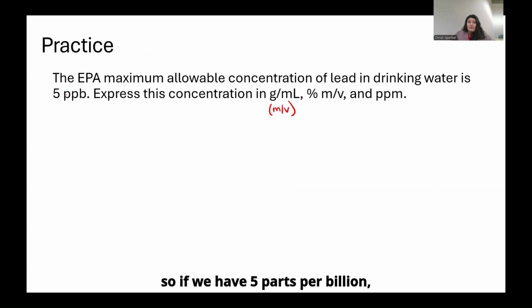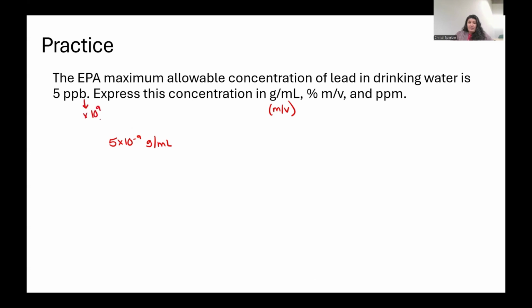Okay, so if we have 5 parts per billion, this is equal to 5 times 10 to the negative 9th grams per milliliter, because billion is 10 to the 9th. As we saw in the equation before, you'd have your total mass of the solute over the total mass of the solution or volume of the solution times 10 to the 9th to get the parts per billion.